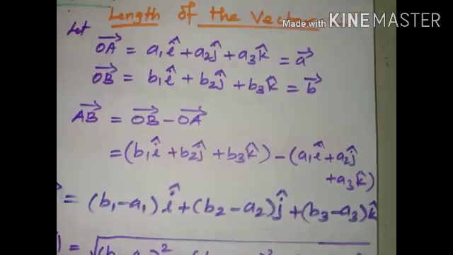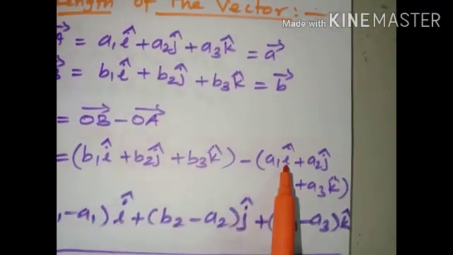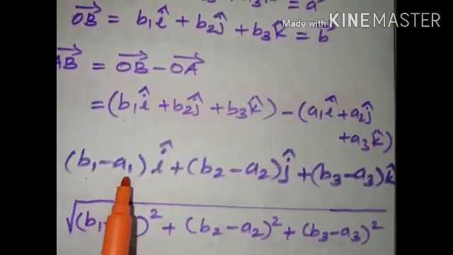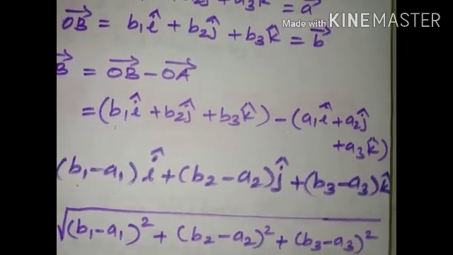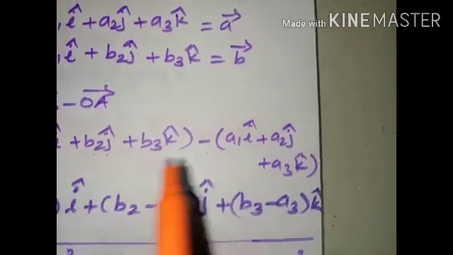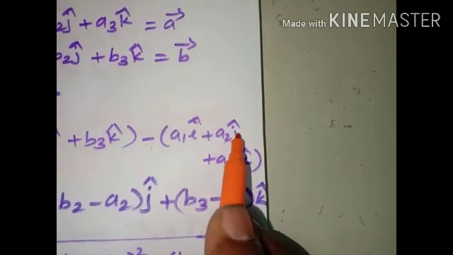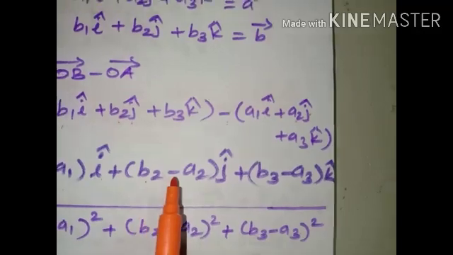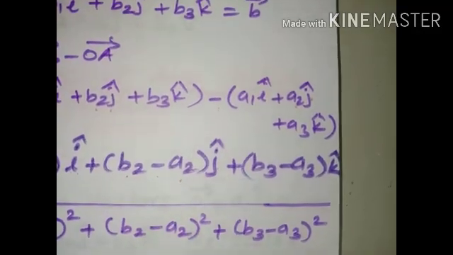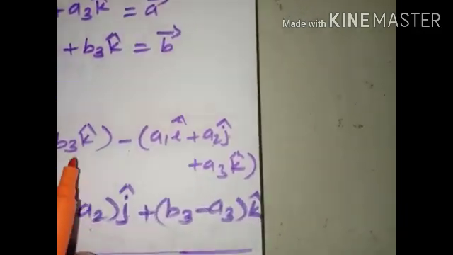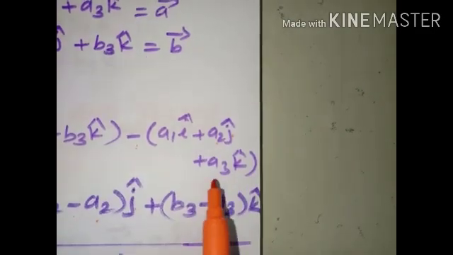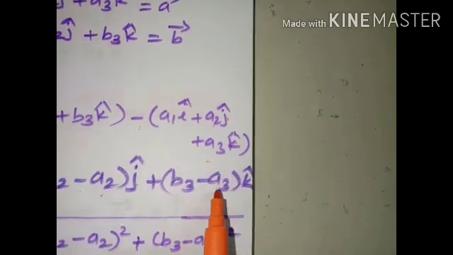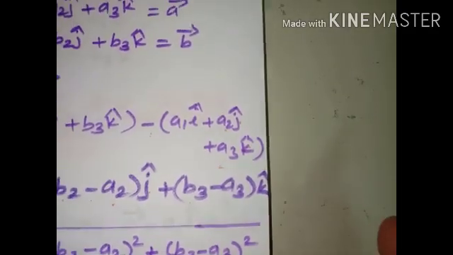Taking i common, (B1 minus A1) i cap, plus B2 j cap minus A2 j cap, j is common, so (B2 minus A2) j cap, plus B3 k cap minus A3 k cap, k is common, so (B3 minus A3) k cap.